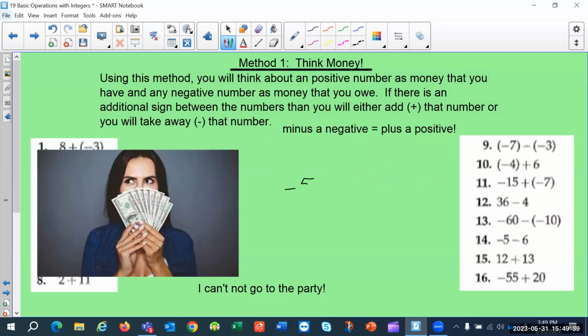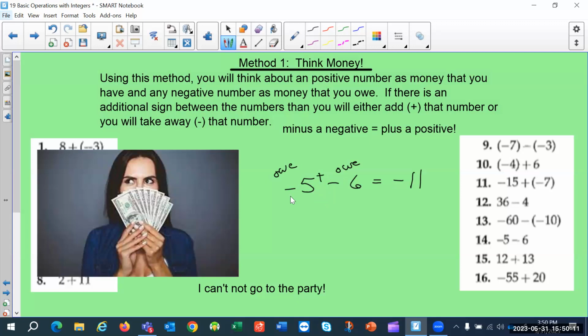All right, -5 minus 6. Now it almost seems weird that we don't have 2 signs in here, but it doesn't change anything. We owe $5. We owe $6. We owe $11. What if you put a plus sign in there so we could say the word and? It's fine, doesn't change anything.